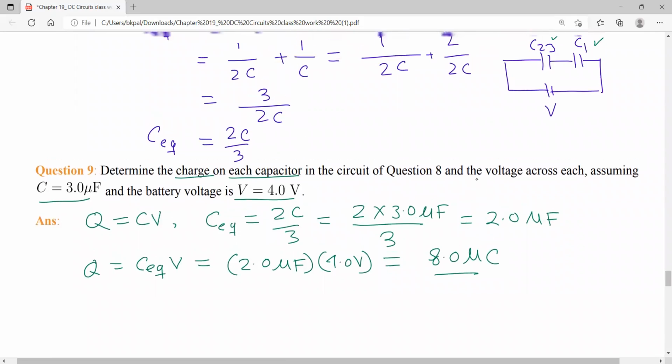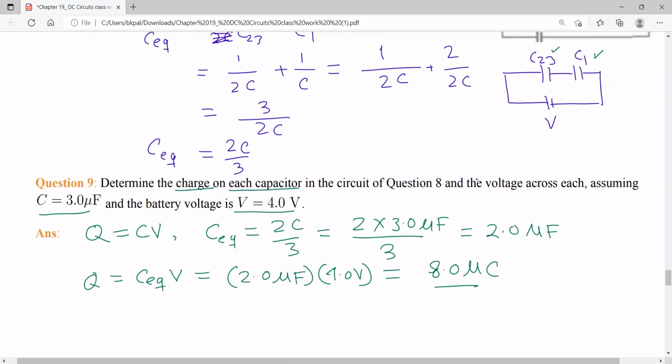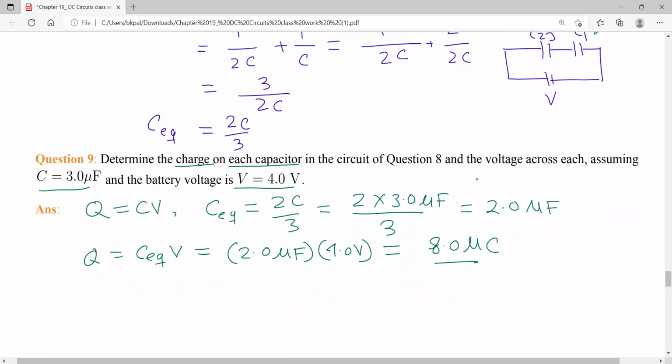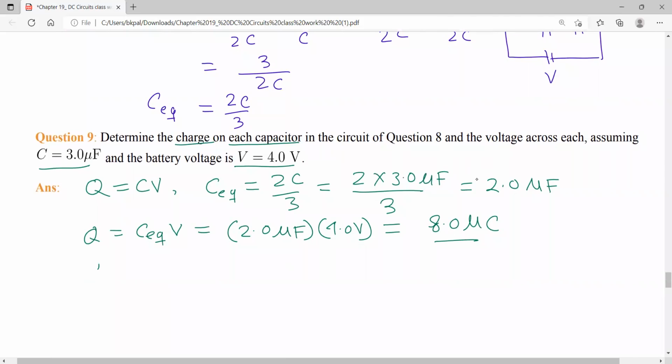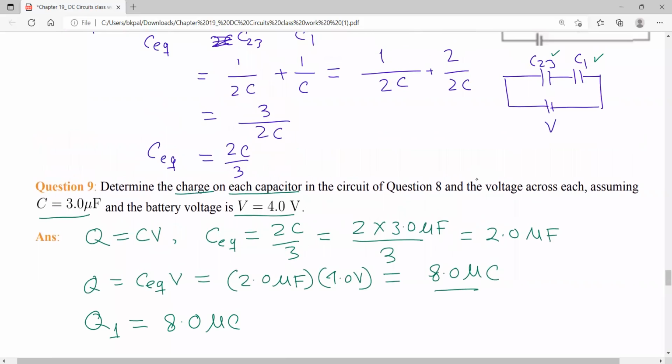Although we are not interested in C23 but in its components, this gives us very important information about C1. The charge on C1 will be 8 microcoulomb. And the 8 microcoulomb on C23 will be divided into two, C2 and C3.